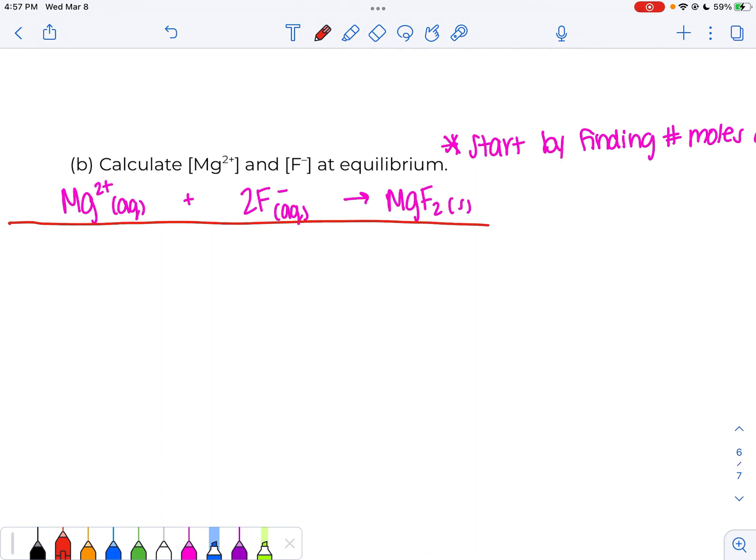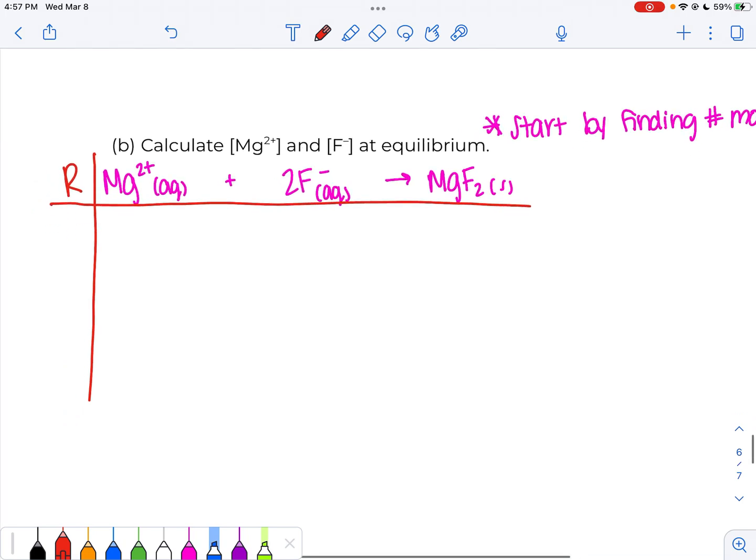So we're going to make ourselves a little table. So here's our reaction. We're now going to make our starting row, which is going to be our initial number of moles. So how much stuff are we starting with?